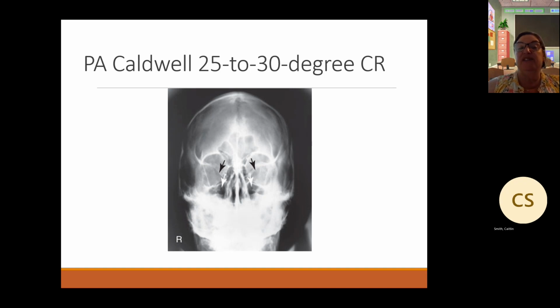And that's why they'll do it a lot of times, or if they're going to do a sinus projection, sometimes they'll do that. But as we'll learn further on, when you do sinuses, because you're looking at air fluid levels, you're better off always not angling the central ray. You just angle the head instead.